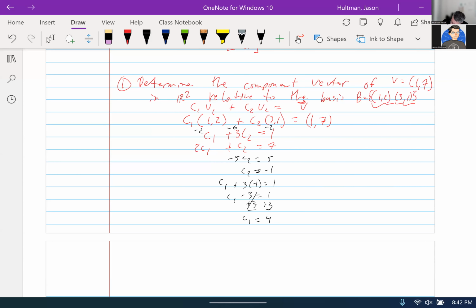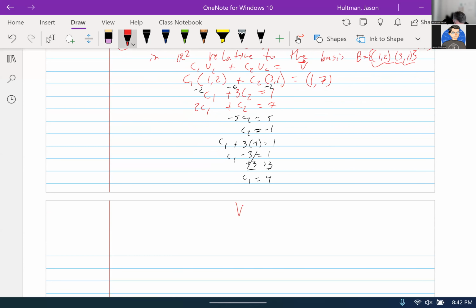Let me write it like this: vector V in terms of the basis vectors would have constants C1, C2, 4 and -1.